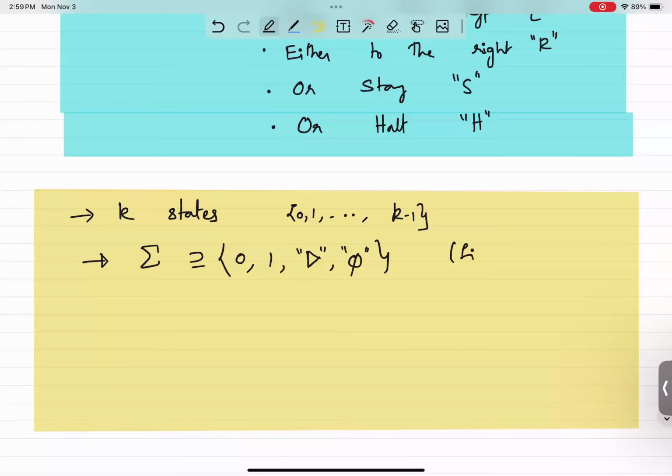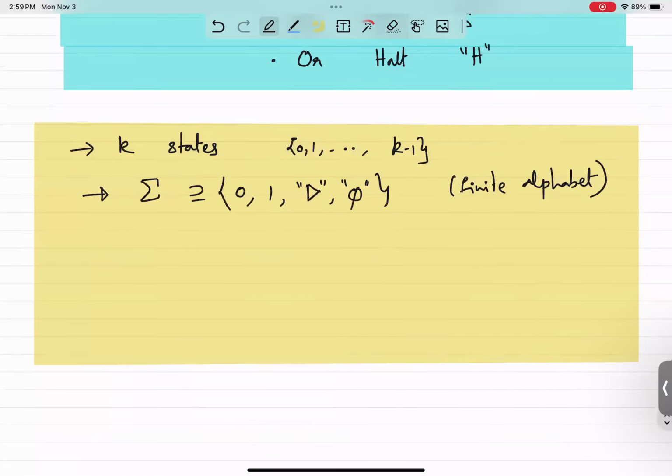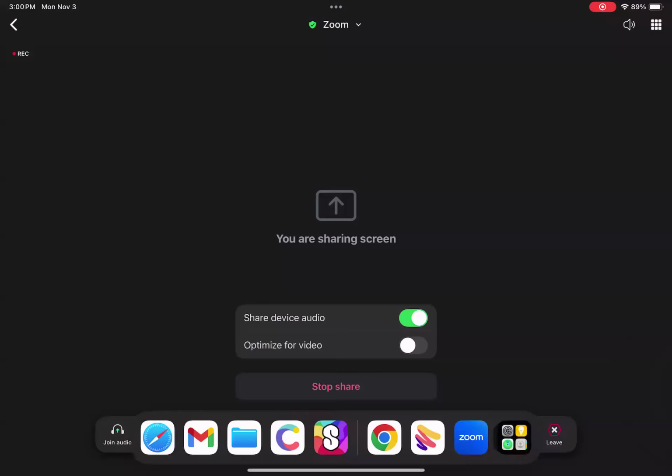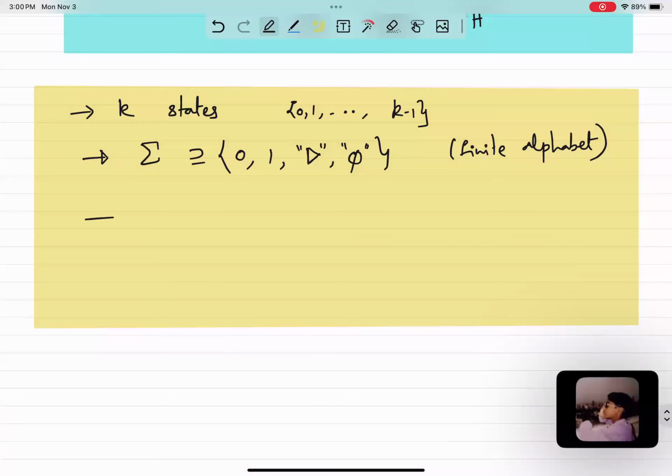So you can have any finite alphabet going into the definition. I might have 10 symbols, 4 symbols. As I said, you can pretty much convert any Turing machine into one where the alphabet is just 0, 1, but it's much easier to design it if you allow yourself more finite alphabet and then do some conversion if you want to. Right? And lastly, the most important piece is, of course, the transition function.